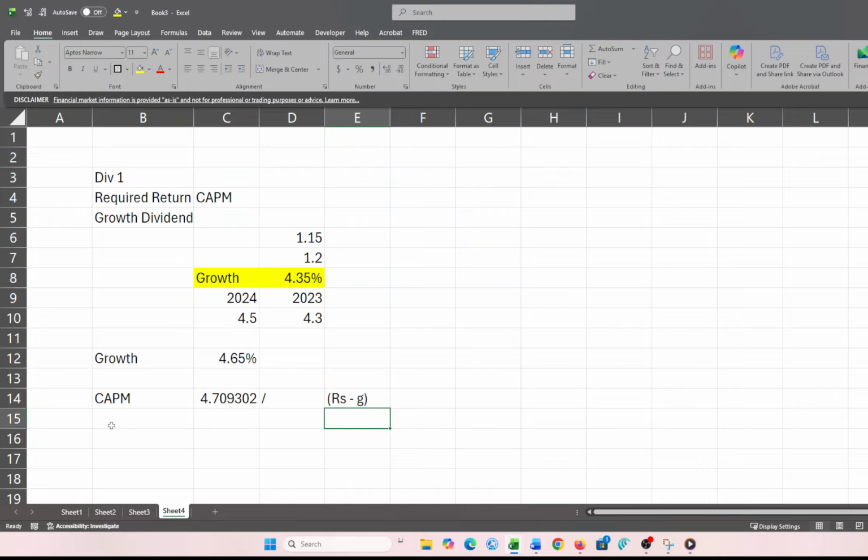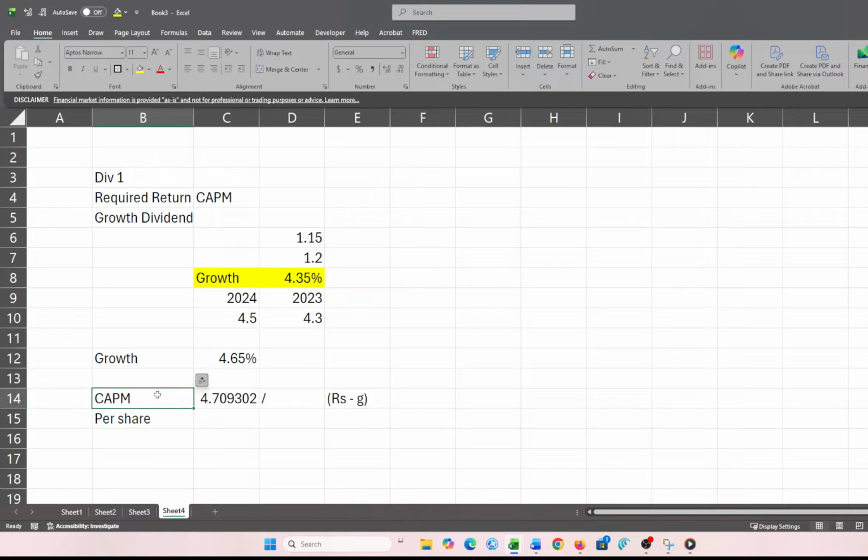And then that's going to give us our per share, the expected price, or the required price of what we think is going to happen. This is what we must earn in order to make up that required return. I'm sorry.